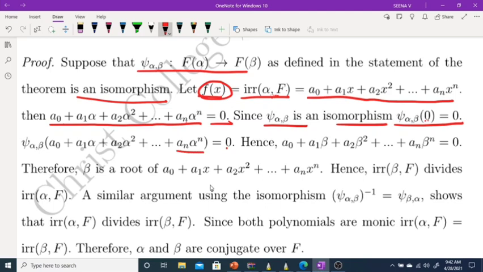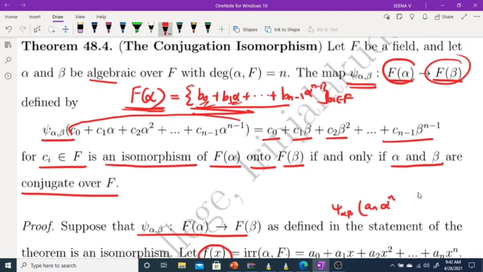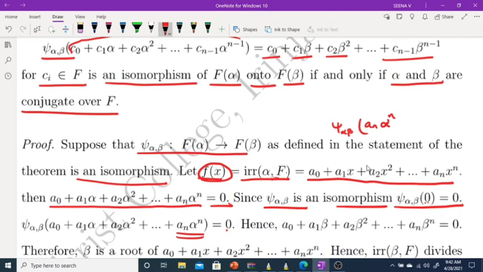Here you may have confusion about how psi alpha beta of an alpha raised to n works, since we already have this element. In that case you can write this as an psi alpha beta of alpha into alpha raised to n minus 1, and this is an psi alpha beta of alpha times psi alpha beta of alpha raised to n minus 1.